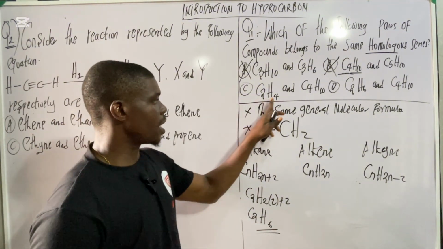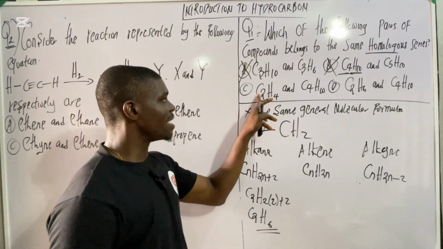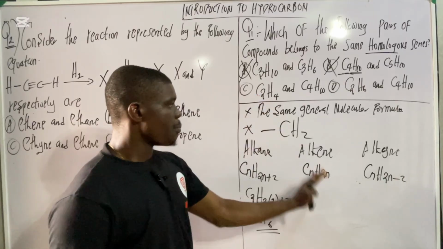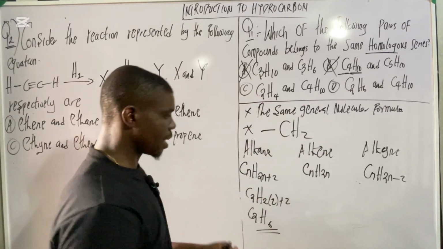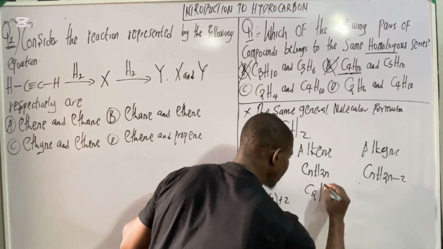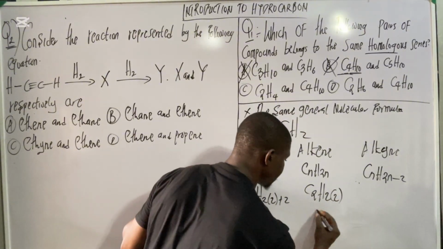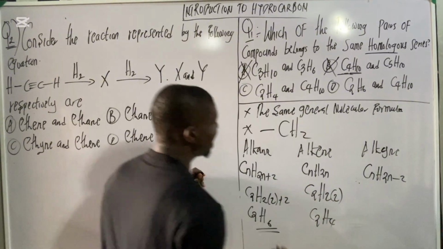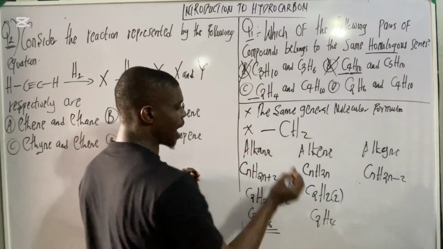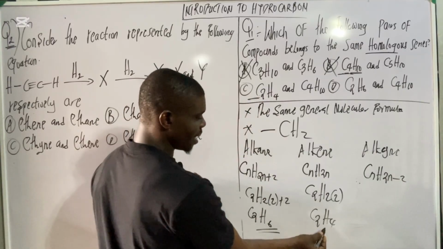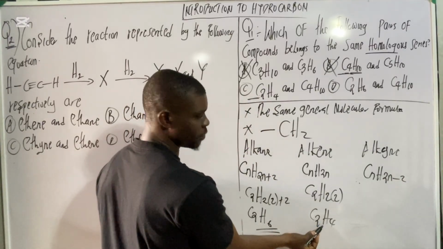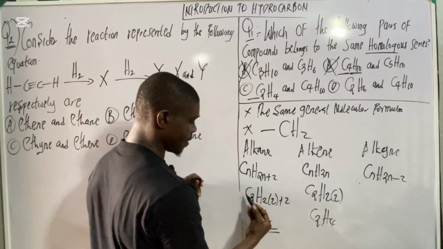Here we have C2H4. So this one is not an alkane. If you plug 2 here, we're going to get C2H4, it means that this one is actually an alkene.